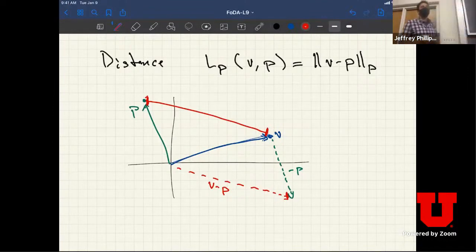And this is true if I measure length with the L1 norm or the L infinity norm or the L2 norm. But with the L2 norm, it's the straight line distance. And so that is preserved here, and it's most intuitive with the 2 norm. Okay, questions. Great.